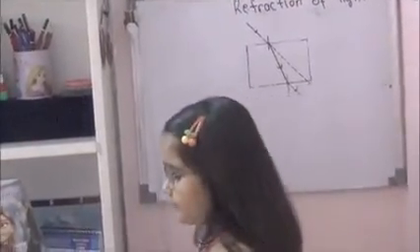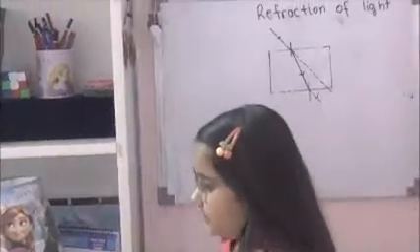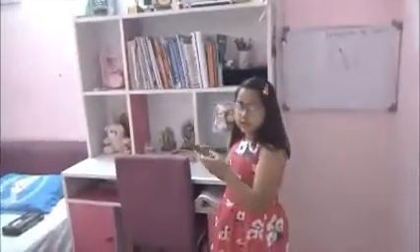Okay, now let's do it practically. Here, I have a glass slab. Here I have a high beam laser. Please don't use it at home because it can hurt our eyes. I usually use it for star hops. See, this is an incident ray.